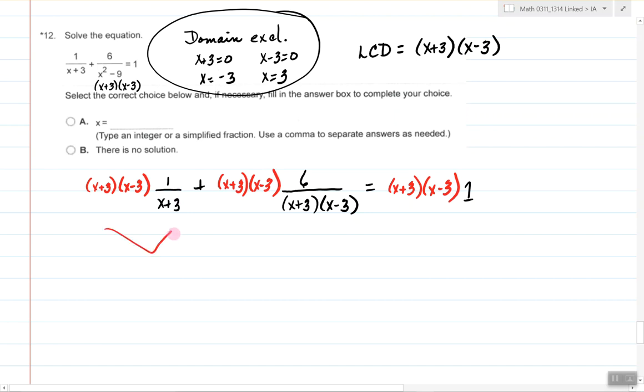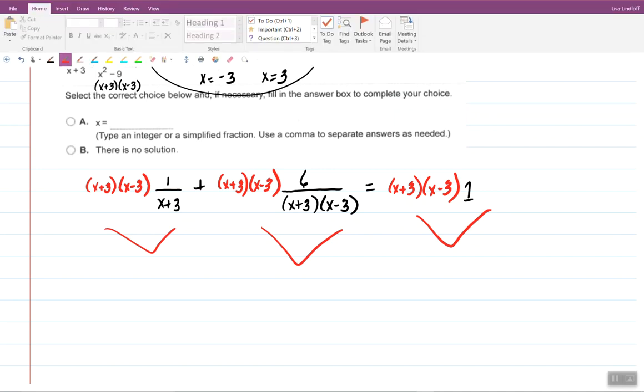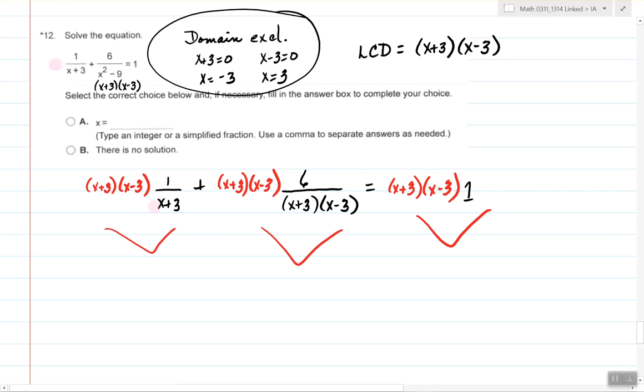I need to do this, this, and this. In the first product, the x plus 3's divide out, and I'm left with x minus 3 times 1, which is x minus 3. Plus sign. In the second group, the x plus 3's divide out, the x minus 3's divide out, and I'm left with 6. Equal sign.